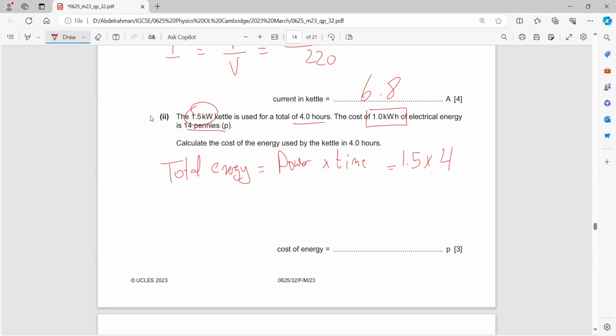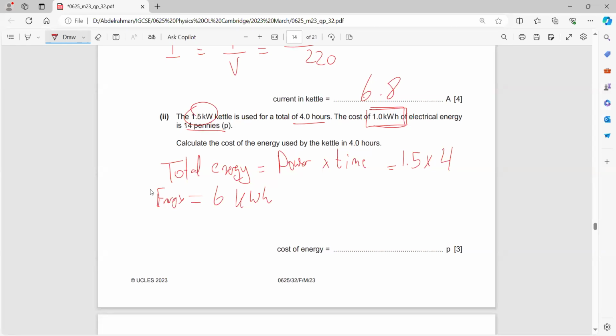Okay. So 1.5 kilowatts times 4 hours would give me a total energy of 6 kilowatt hours. This is the total energy consumed during this time. What about the total cost? The cost of 1 kilowatt hour is 14 pennies.